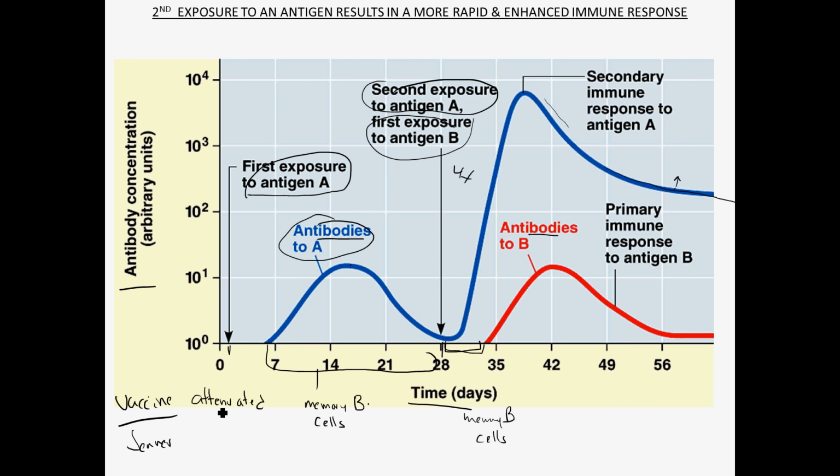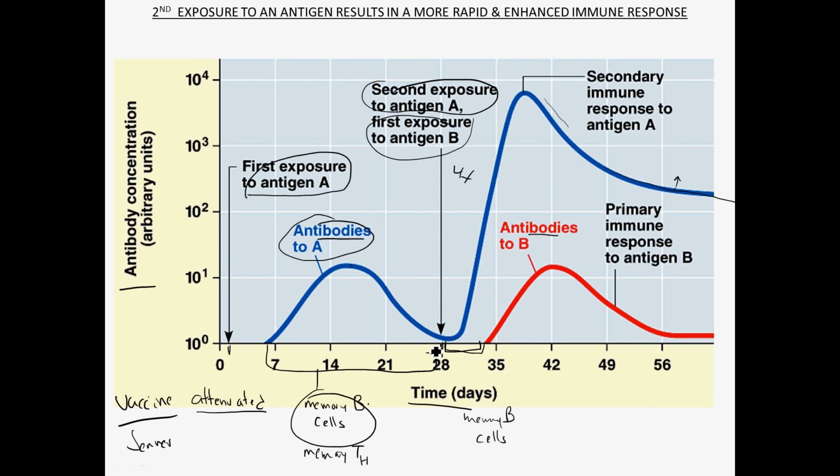You get an attenuated virus. This means that it is not the full virus or bacteria, but just a piece or part of it, enough to stimulate an immune response. That initial vaccination has increased your antibody levels, but then they drop back down. But remember, the big thing is that you've made these memory B cells and these memory helper T cells as well.